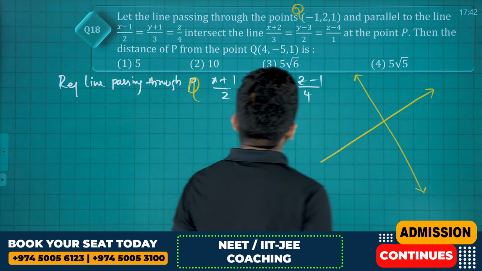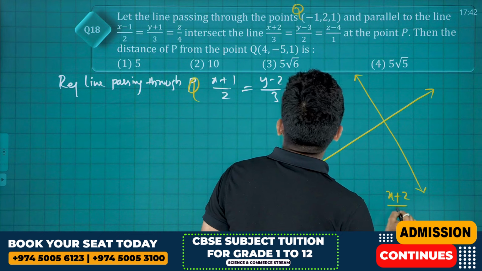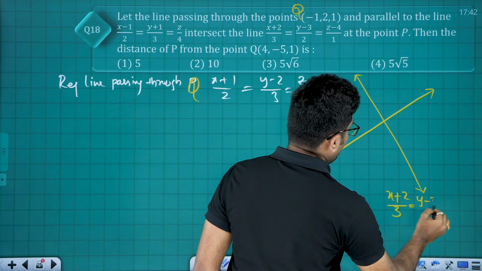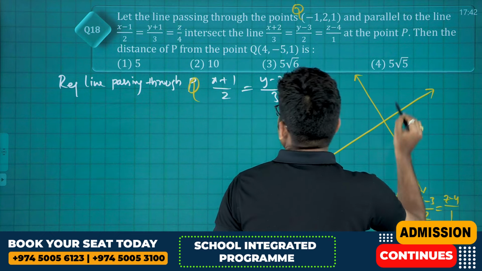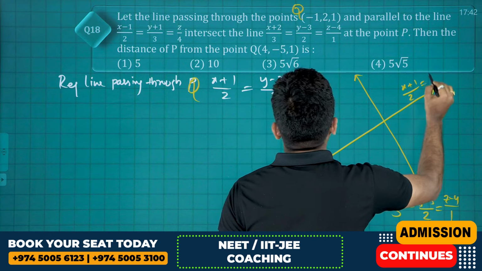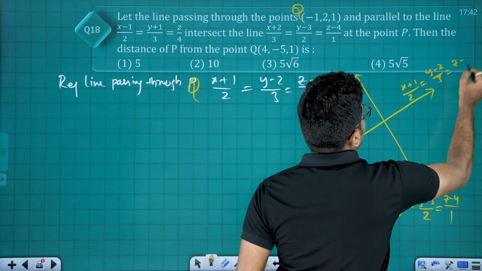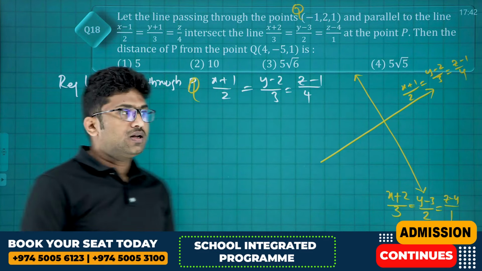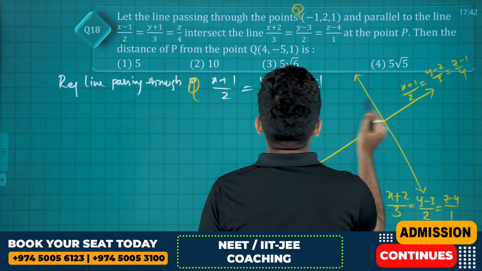There is another line: (x plus 2) by 3 is equal to (y minus 3) by 2 is equal to (z minus 4) by 1, and this is our (x plus 1) by 2 is equal to (y minus 2) by 3 is equal to (z minus 1) by 4. There are two lines, and we need to find the point of intersection.